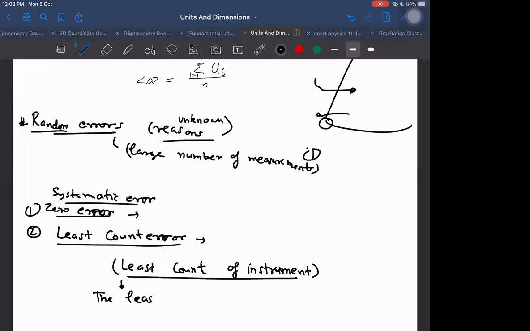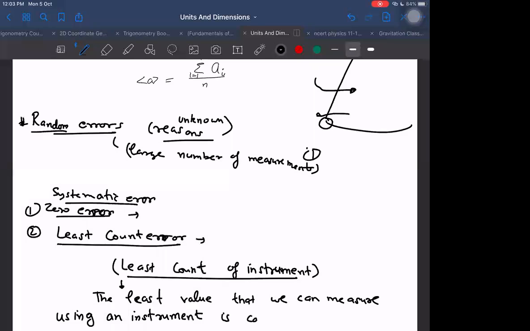The least value that we can measure using an instrument is called the least count.